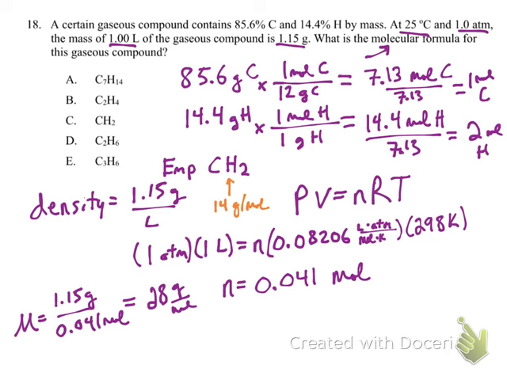Well, it fits in twice. So you can divide this by the 14 grams per mole. These numbers work out really nicely here. So we see that we have to double everything. So that means that our molecular formula ends up being C2H4. And there we have our answer.